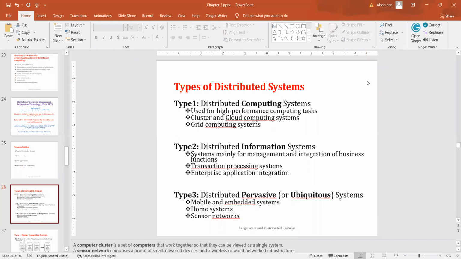Virtually access the data, sir. Okay, great. Keeps our data on cloud storage. Okay.